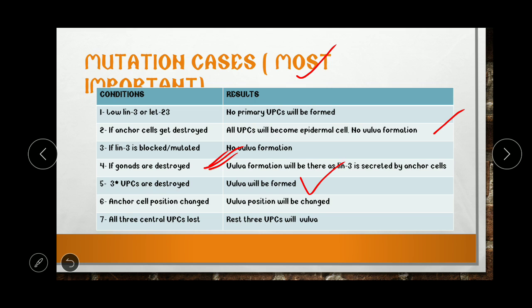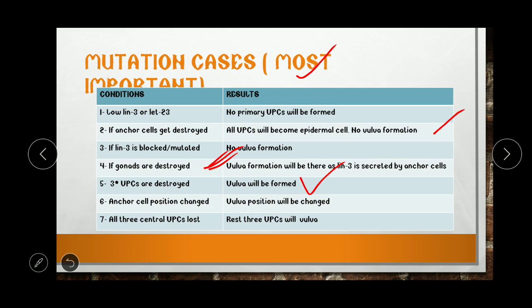And if the anchor cell position is changed, then the position of the vulva will be changed, because, as you know, all the VPCs, the vulval precursor cells, are an equivalence group, which means they have equal potential. So as usual, when they receive the signal from the anchor cell, that is the Lin3 protein molecule, they will become the primary vulval lineage and secondary vulval lineage.